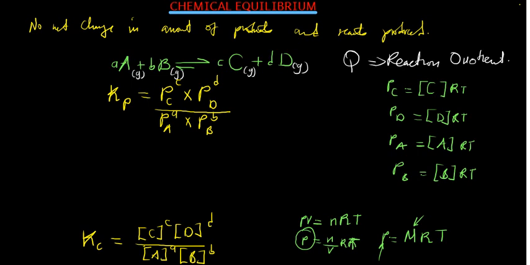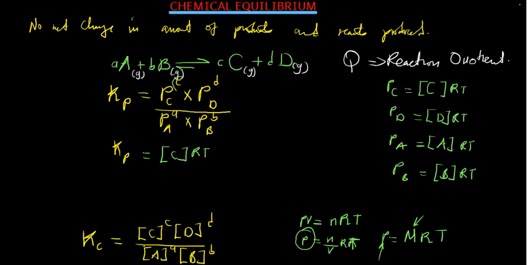So let's go on and substitute. So we are seeing that Kp is equal to, where there is Pc, we are going to substitute what we have here, and so that will be the concentration of C multiplied by RT.